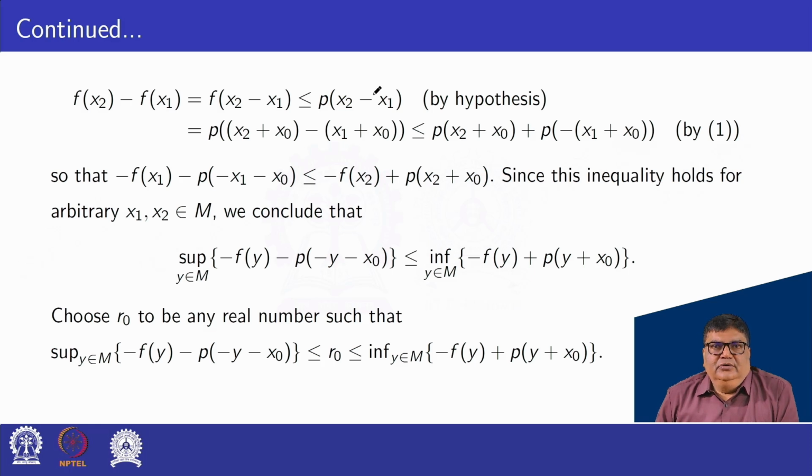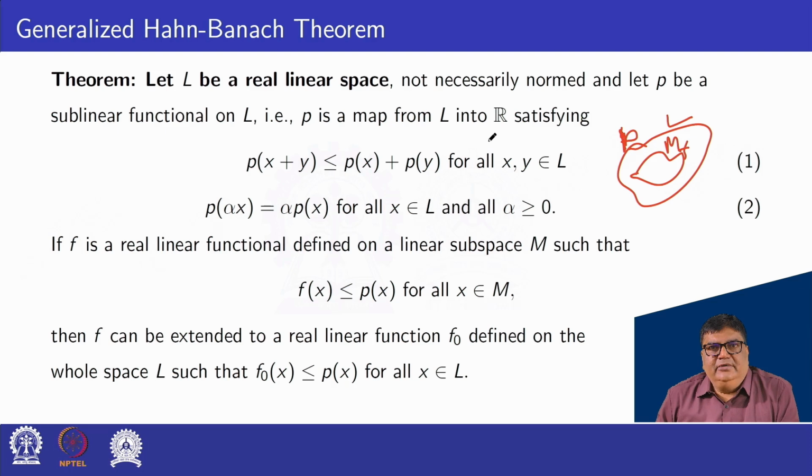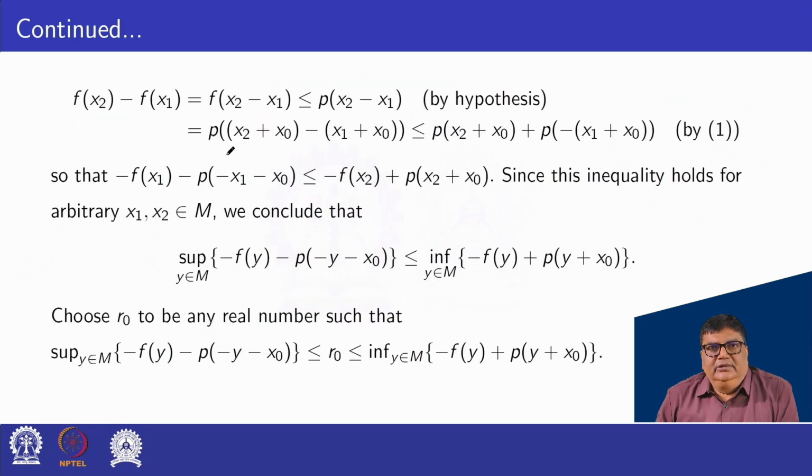Okay, so this can be written as p of (x2 plus x0) minus (x1 plus x0). Okay, we have added and subtracted x0. So we can write this, again by equation 1, p of x plus y less than or equal to p of x plus p of y, as p of x2 plus x0 plus p of minus x1 minus x0.